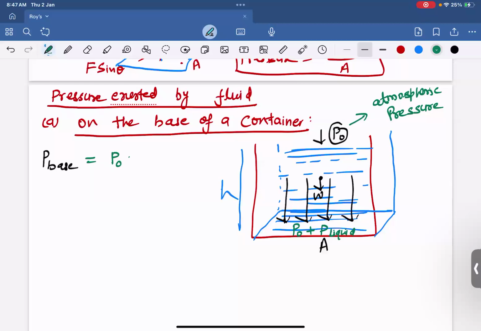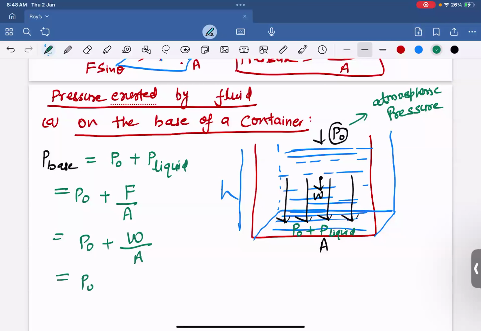So P naught plus the pressure applied by the liquid. Pressure formula is what? Force divided by area. And I told you that force is the weight of the liquid. So weight by area, or we can write weight is equal to mg by area.